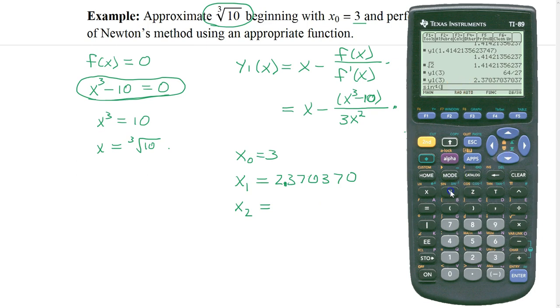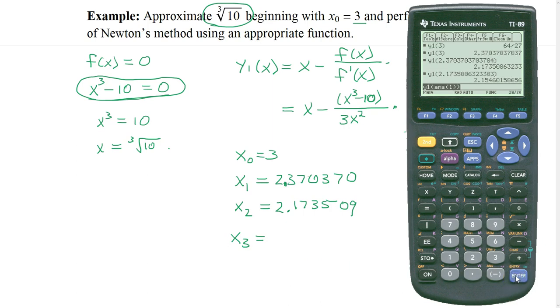And then x2. So now we have to enter y1 of the answer down here, ANS, so second negative, and then hit enter. So there we go. So that's x2, 2.173509 rounded to 6 decimal places. x3, just have to hit enter again.